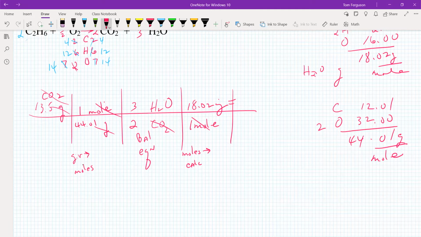Okay, so we're looking at 8.29 grams of water. 3 sig figs, 4 sig figs, infinite sig figs, 4 sig figs. So our answer is going to be 3 sig figs.